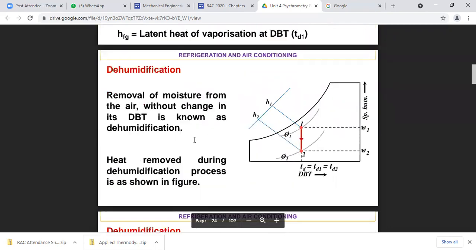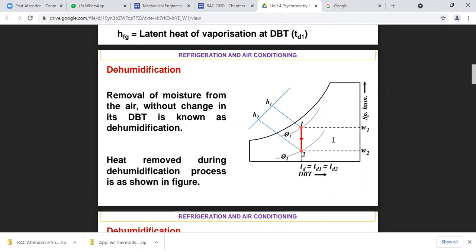Now next we can see dehumidification. Dehumidification means removal of moisture from the air without change of its dry bulb temperature. In this case heat is removed during the dehumidification process.